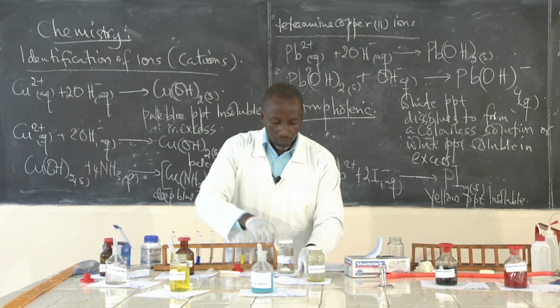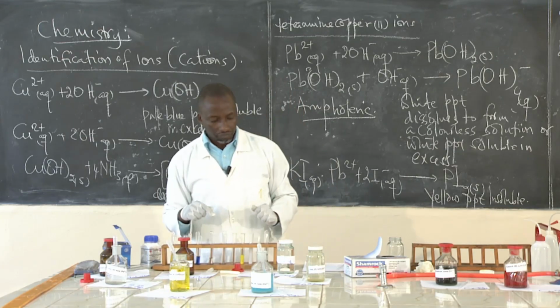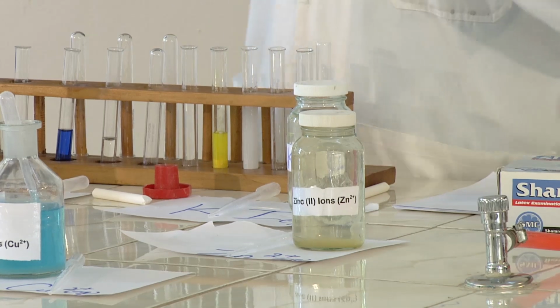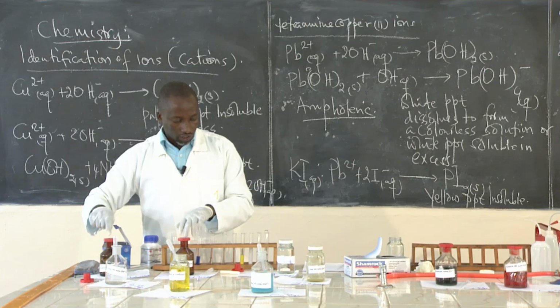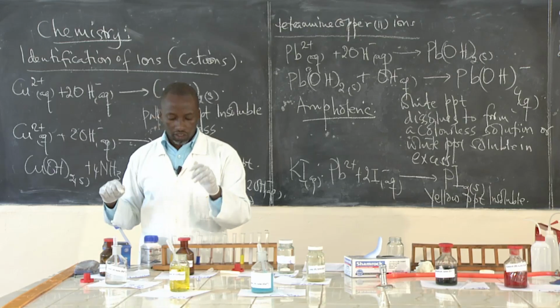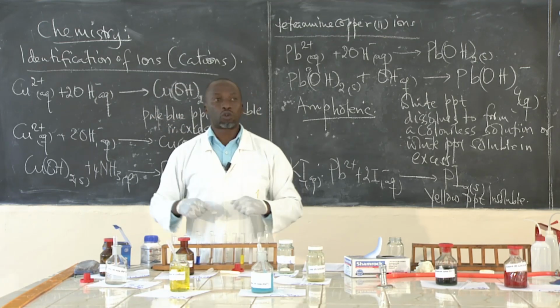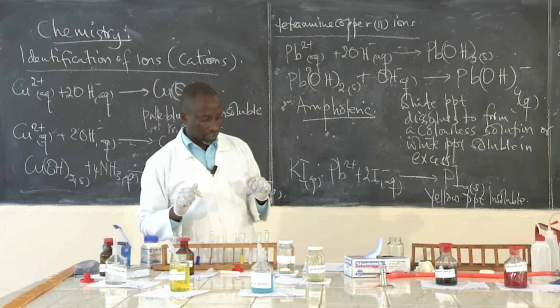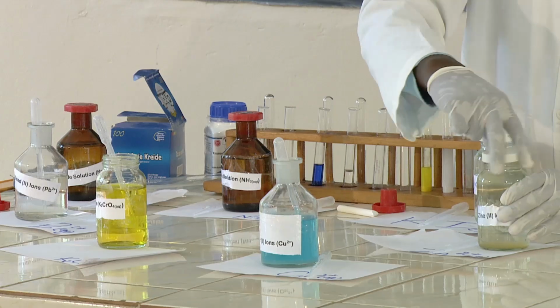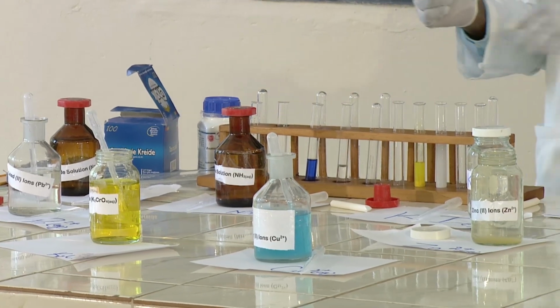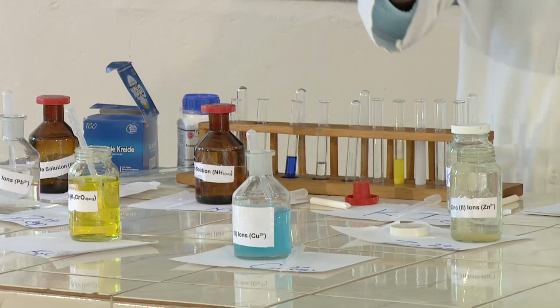So let's go to the zinc. As we said earlier, we'll do the tests with sodium hydroxide and with ammonia. For the zinc, these two solutions are enough to confirm its presence. So we add a few drops of zinc solution.